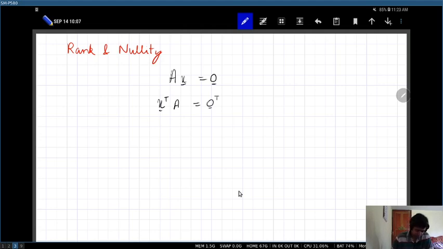Now the rank of A is defined as, so typically there are 2 ranks.